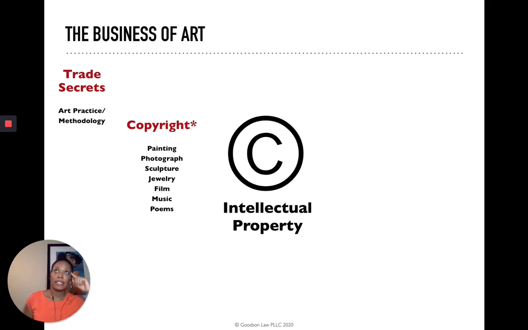So if you have an idea about a scene that you'd like to draw, you take that idea, put it in your hand, and then you draw. The moment you make that drawing is something that would be protected by copyright law.